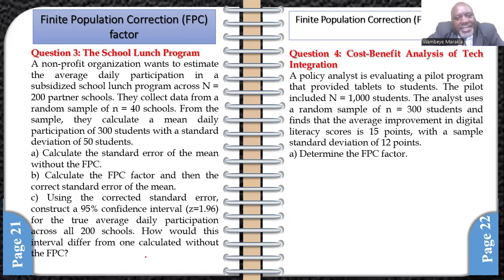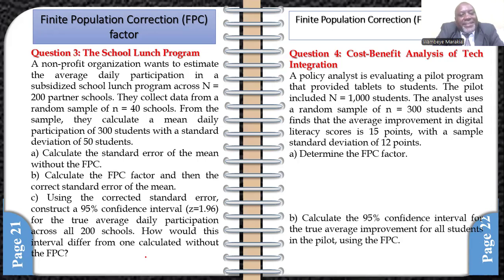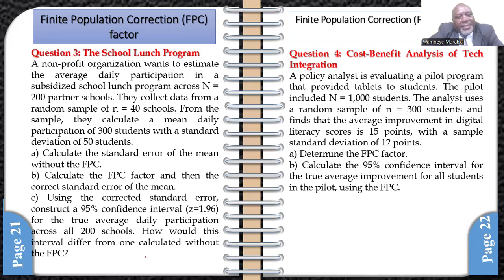Required, determine the finite population correction factor. Second, calculate the 95% confidence interval for the true average improvement for all the students in the pilot using the finite population correction factor.